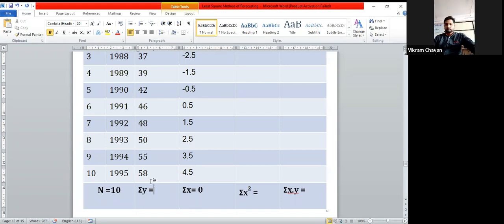Actually, I'm not having the values. Kindly check the values. We can put them up in the chat box also.